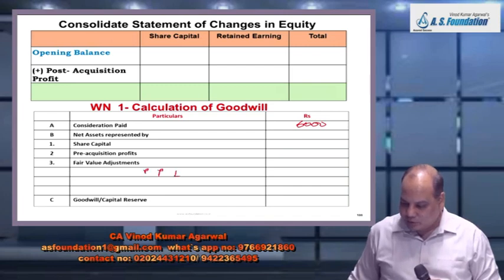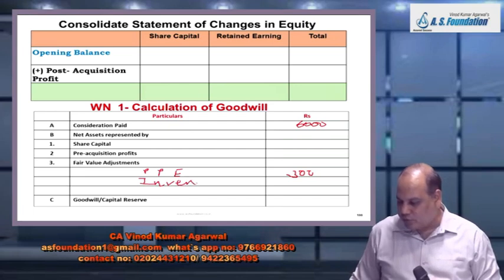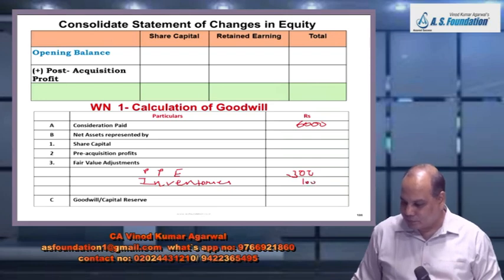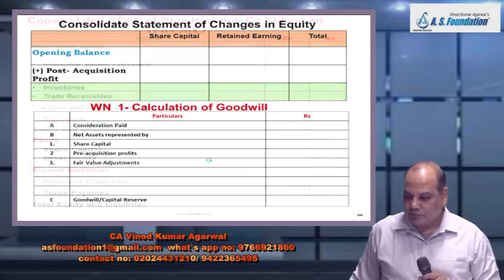How much we have adjusted in building and other PPE? 300. Write 300 here. And then we have also adjusted inventory. How much we have adjusted in inventory? Write 100. Other two items we have taken at book values.